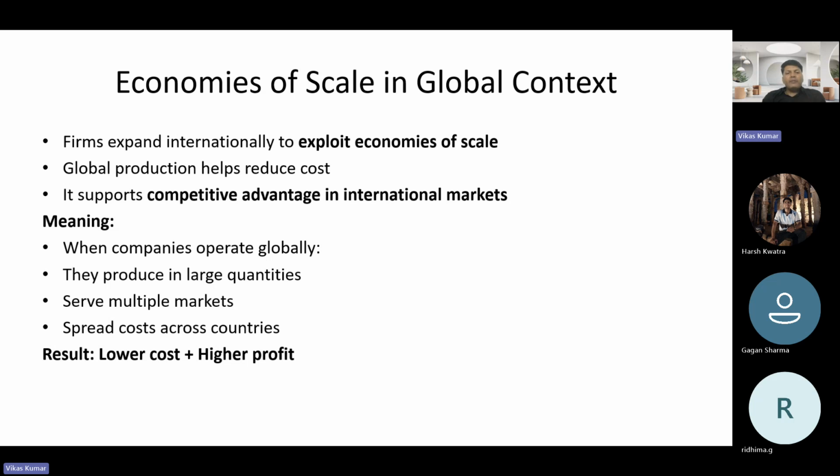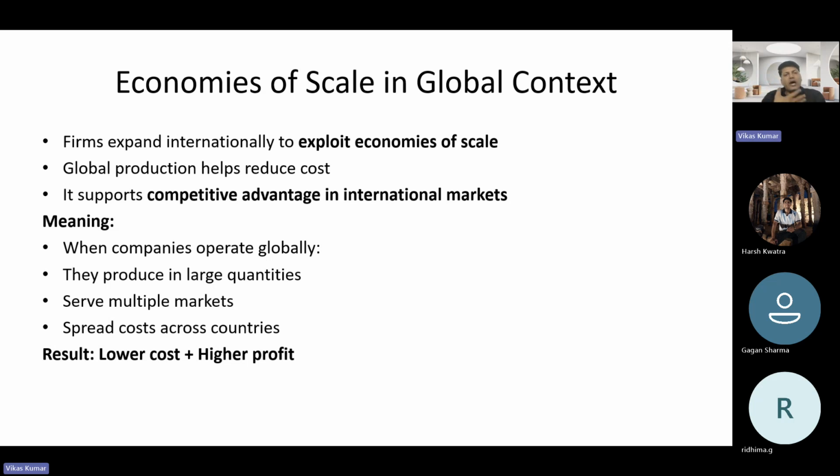Global production helps them to reduce the cost because of the increased market share, because of better suppliers all over the world, and because of the strong supply chain management of that particular organization. This will definitely help to reduce the cost overall, and it supports the competitive advantage in the international market.